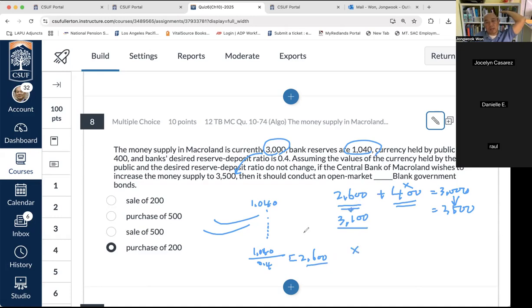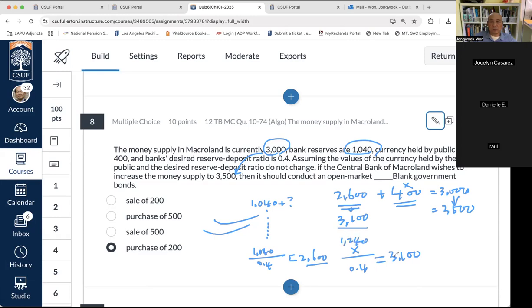We have to add some amount here. Okay. So total money divided by 0.4 becomes 3,100. So if you multiply 3,100 by 0.4, that x is 1,240.